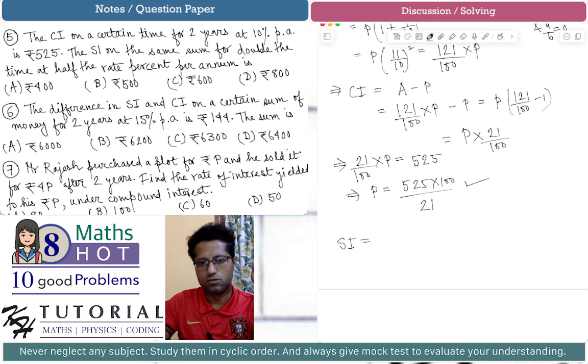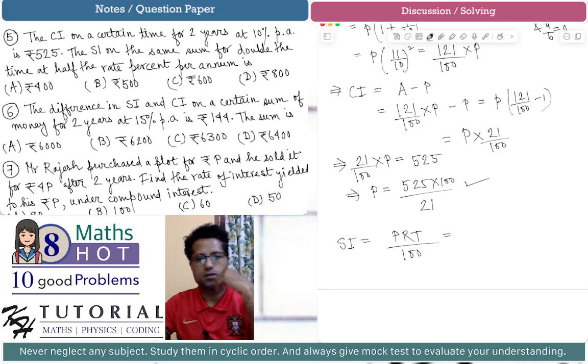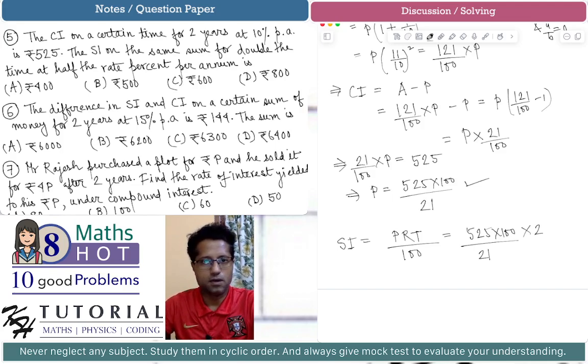We know the formula is P R T by 100. What is P? P is 525 multiplied by 100 divided by 21. What is T? T is 2 years. And the rate percent is the same for both the compound interest and the simple interest. So this is 10, divided by 100.